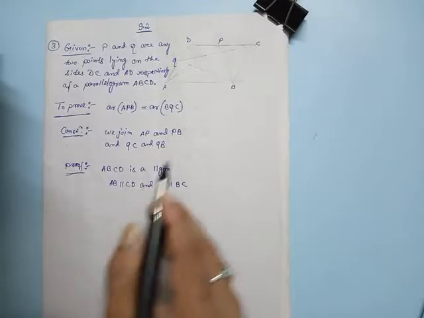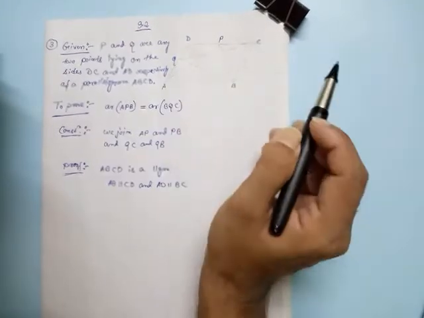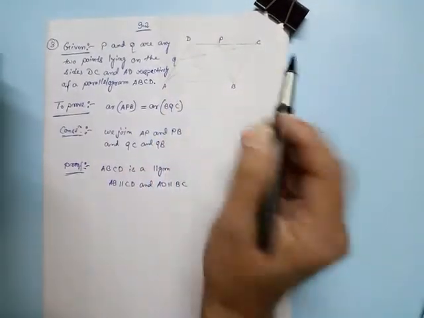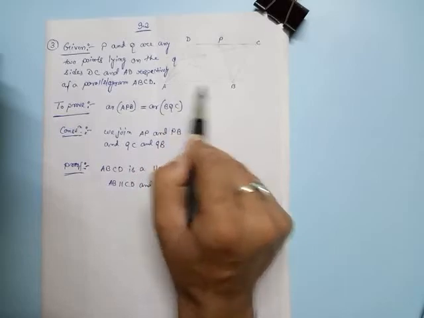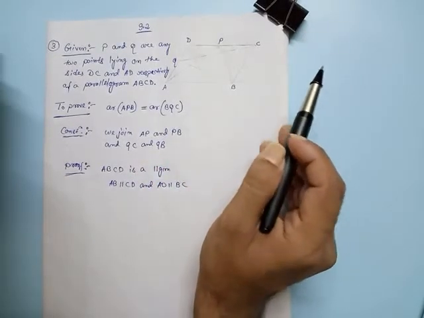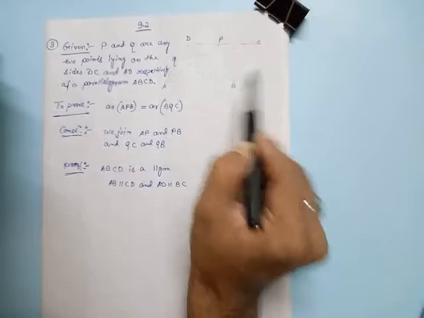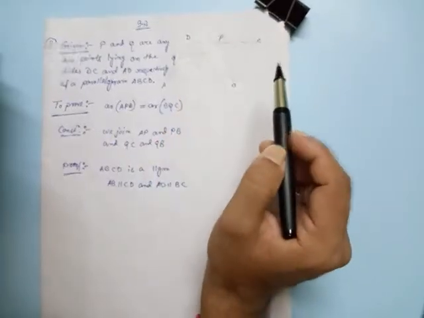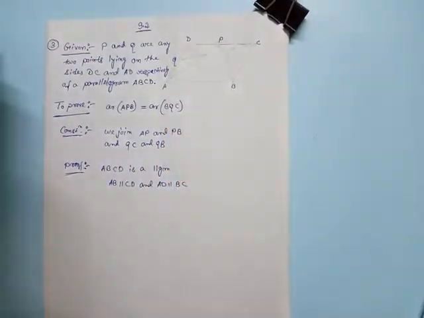Now student, just after that, look, triangle APB and ABCD having AB as the common base. I repeat again, triangle APB and parallelogram ABCD having AB as the common base.